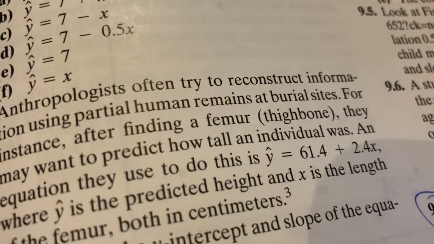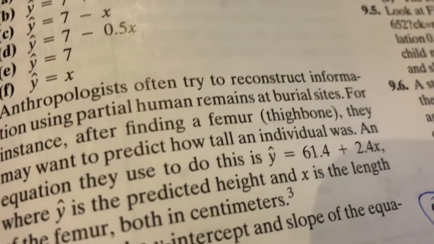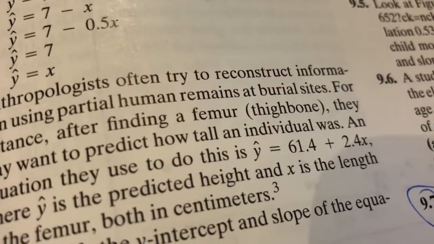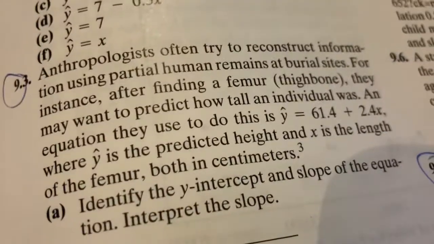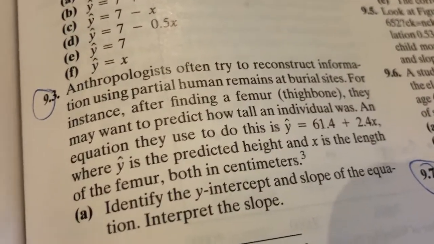So for every centimeter length of thigh bone, you'll get a 2.4 centimeter increase in height. That's basically how you read that y hat equation, the estimate of y.